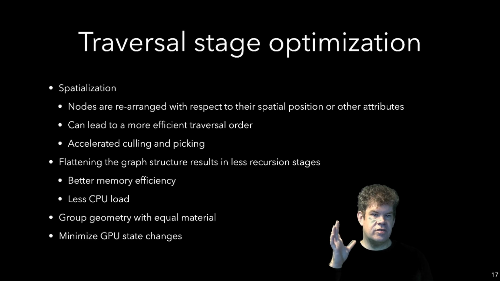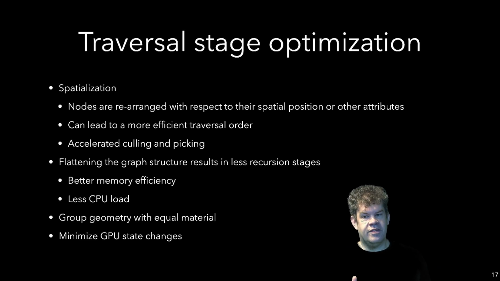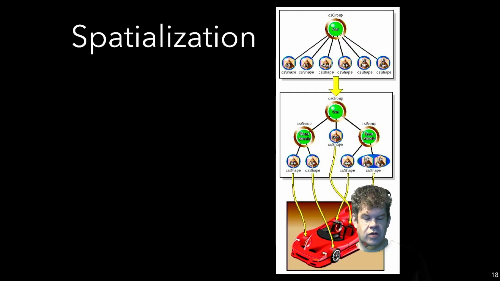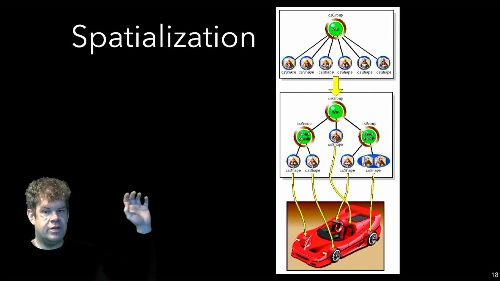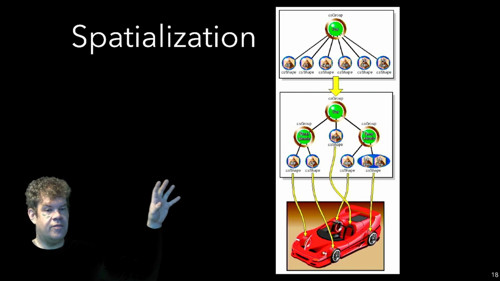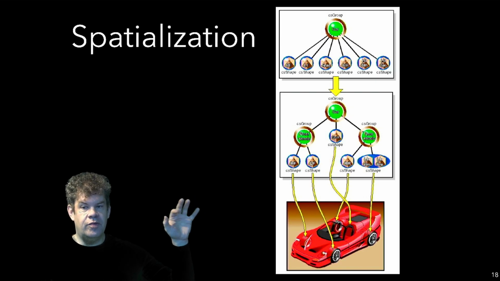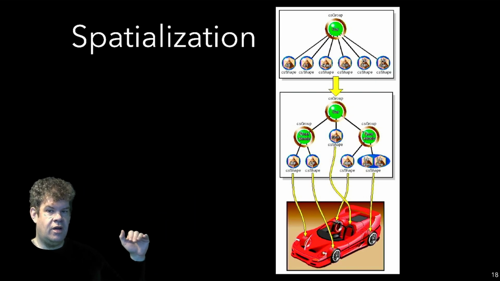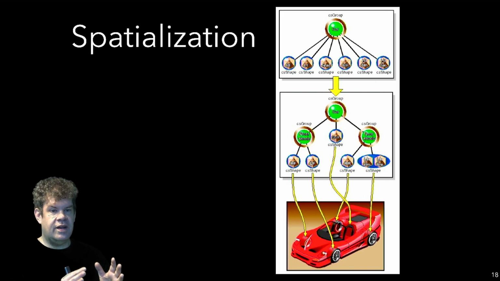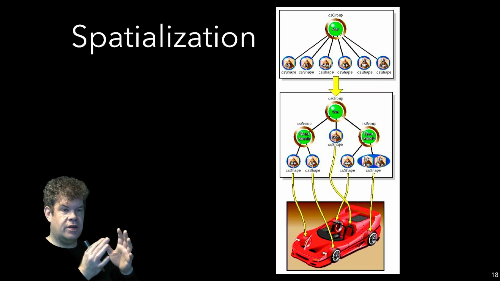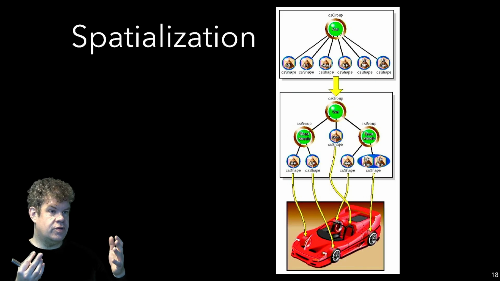So the next thing, and I just want to cover this very briefly because it's very specific to scene graphs, is spatialization, okay? So let's just show an example here. So if we're dealing with a general scene graph, we might, before we render that, want to spend some time to restructure that scene graph, to put things together that are spatially close, that reuse data, that use the same attributes, that share certain properties.